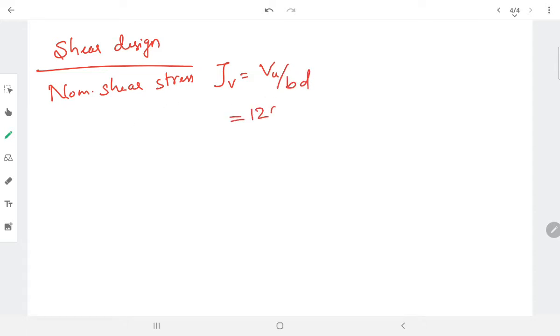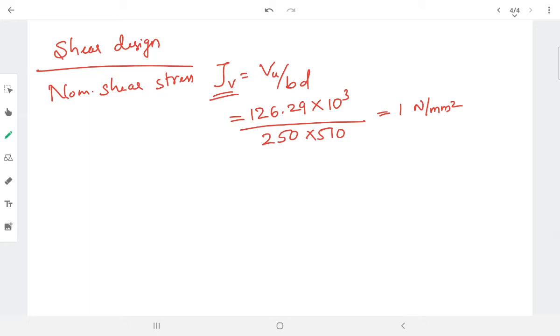Vu is the reaction, 126.29 support reaction into 10 raised to 3 Newton, and B and D for the beam 250 by 510. I'll get tau V as 1 Newton per mm square. Need to compare this tau V with the tau C value. Tau C should always be greater. If it is not, we have to provide the shear reinforcement.